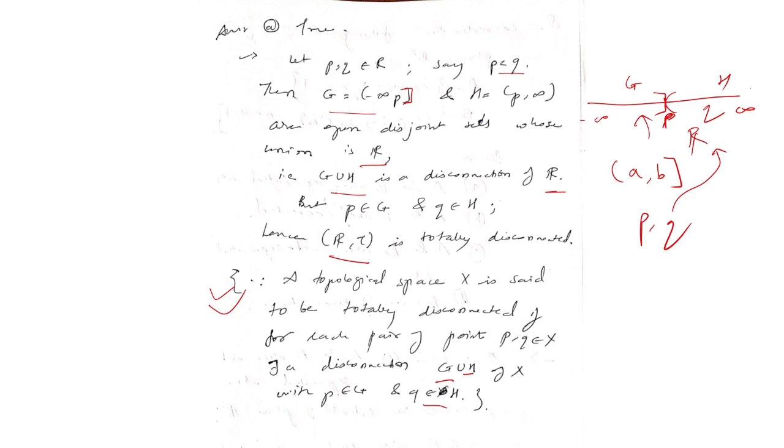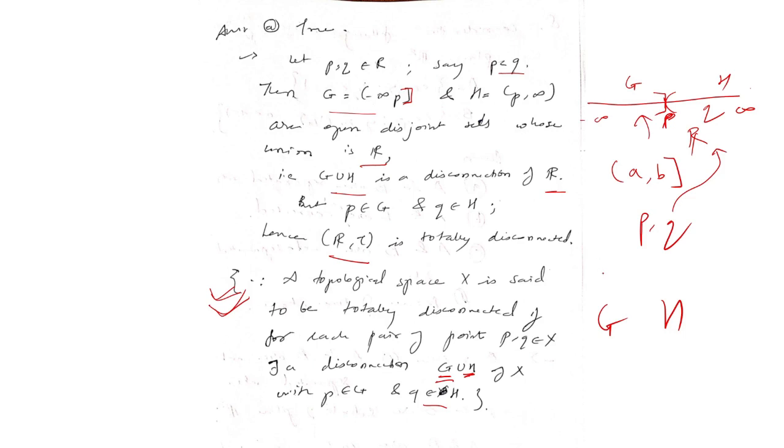And here you are saying that the topological space X is said to be totally disconnected if for each pair of points P, Q belonging to X, there is a disconnection G union H of X with P belonging to G and Q belonging to H. That means you got two open sets, G and H. Can we conclude from here that every component will be a singleton? That is also a definition of a totally disconnected set. Both should be equivalent.